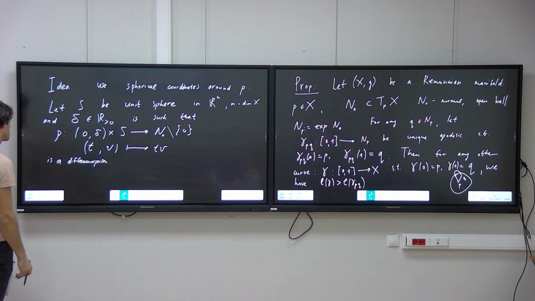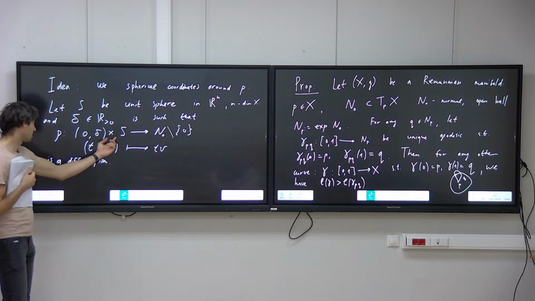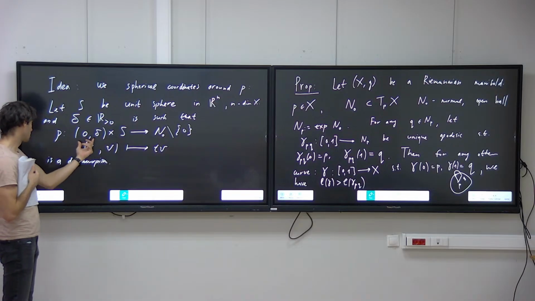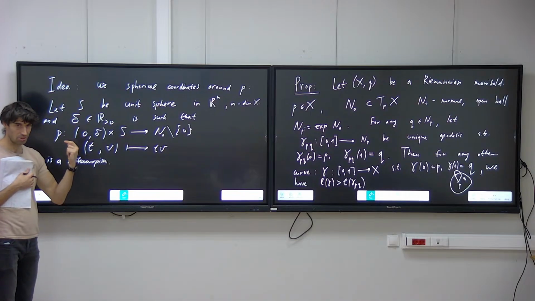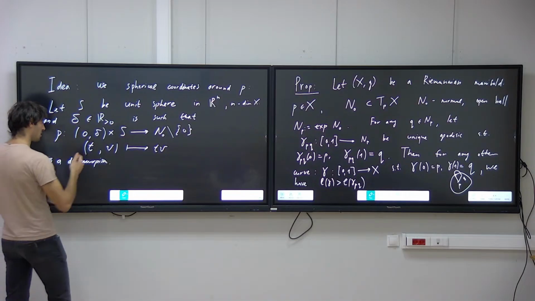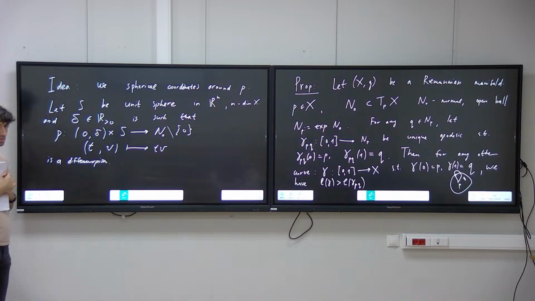Basically, it just says that delta is the radius of N0. Then I'm taking the unit sphere, and also another coordinate which goes along the radius, and that's how I parameterize N0 without 0.